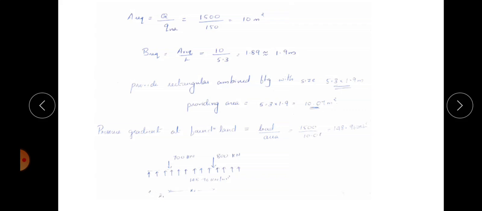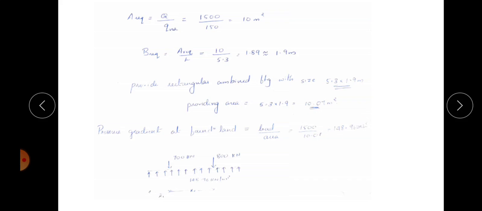Okay. So provide a rectangular combined footing of size 5.3 meter by 1.9 meter, and the provided area we can calculate by multiplying length and width, that is 5.3 into 1.9, that is 10.07. So the pressure gradient at the foundation level, that is load by area. So this is the total load 1500 by the provided area 10.07.